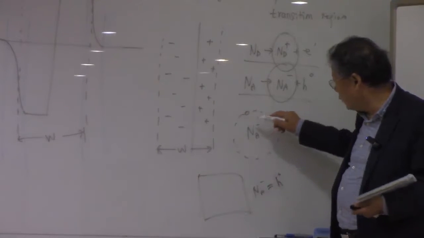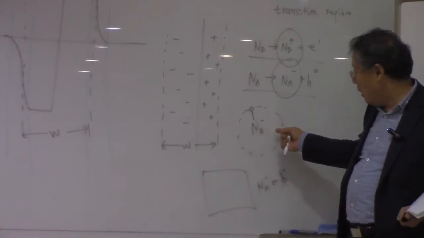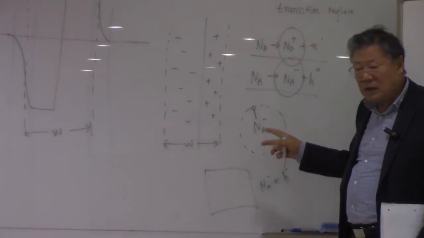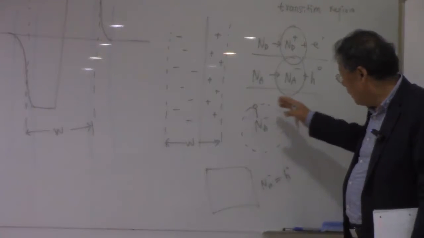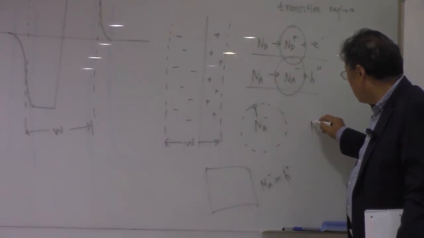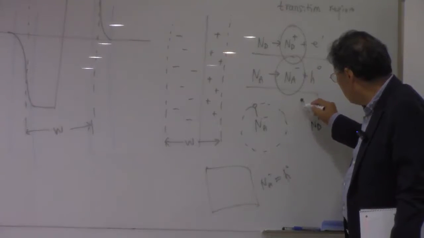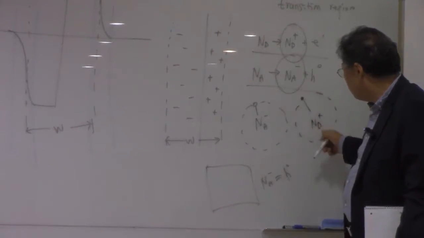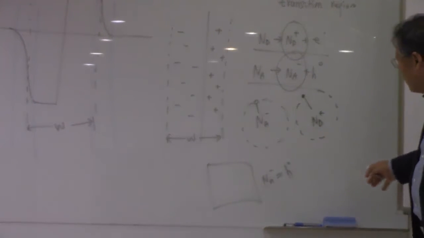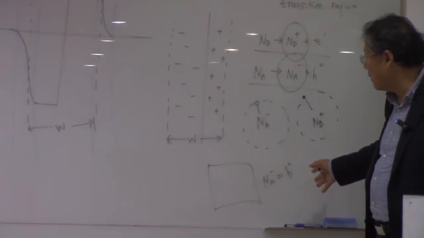Okay, so let's just express this: it is connected to these acceptors, and the number is equivalent. It's the same number, so that it is neutral, right? And you can say the same thing for the donors, and one electron corresponds to one donor, so that the total number maintains the neutrality.